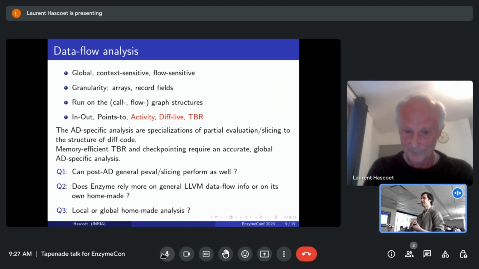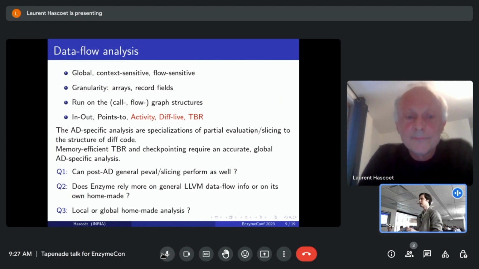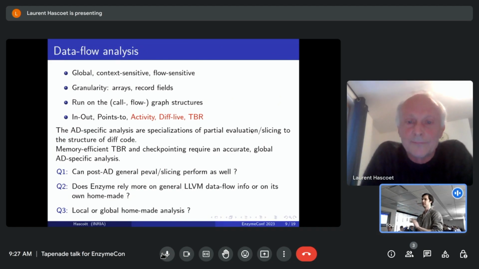So we do have an activity analysis. We give it a slightly different name, a differential use analysis, and split off a different subpart, where we do a min cut to do caching-style analysis. So we have the AD-specific ones and the general LLVM ones that feed into each other and get some mutual benefits.